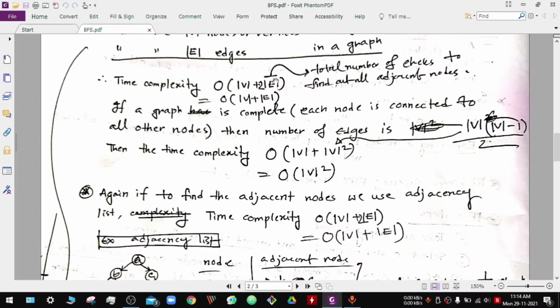So after replacing this E, we can replace it with V squared, because this is ultimately O(V squared). So the number of vertices is V, the number of edges is about V squared, because we can ignore the constants and the lower degree terms. So for a connected graph, the time complexity becomes O(V squared).